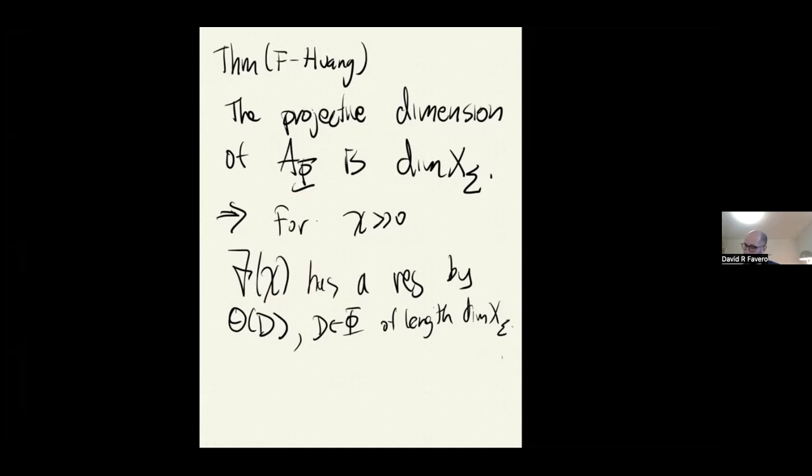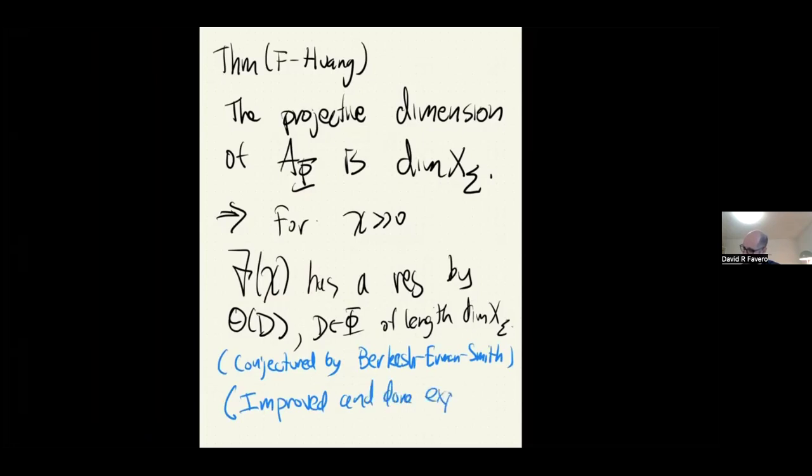So this was actually conjectured by Berkesch, Erman, and Smith, and proven simultaneously, improved and done explicitly, by Hanlon, Hicks, and Lazarev.